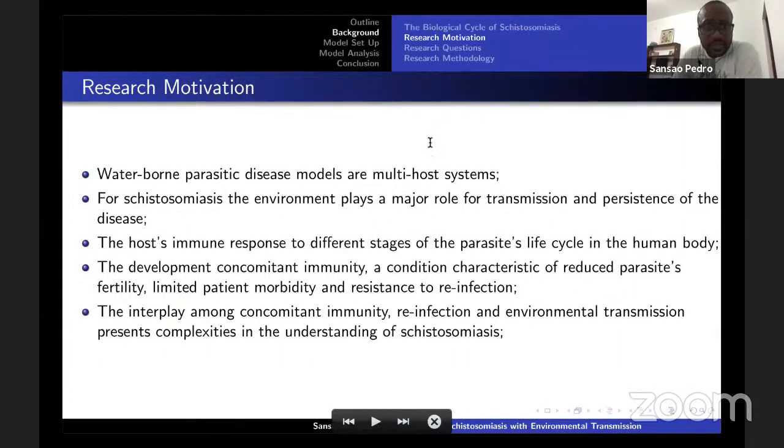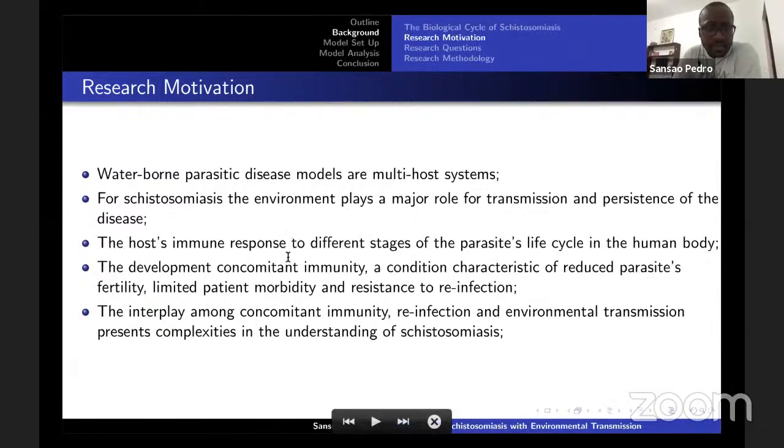The fact that it is a multi-host system captured our interest, and also the fact that the environment may play a role. We were attending this workshop, which was about climate change and other issues. Though we do not intend to model the environment explicitly, we include some of its impacts.